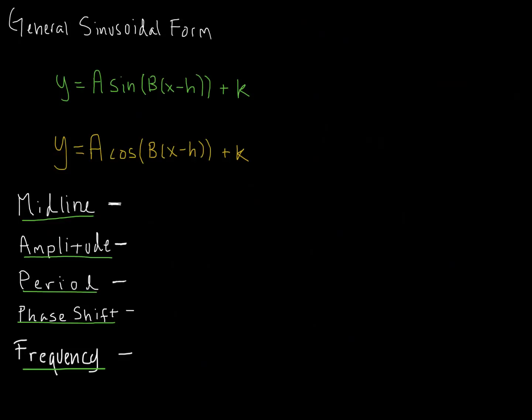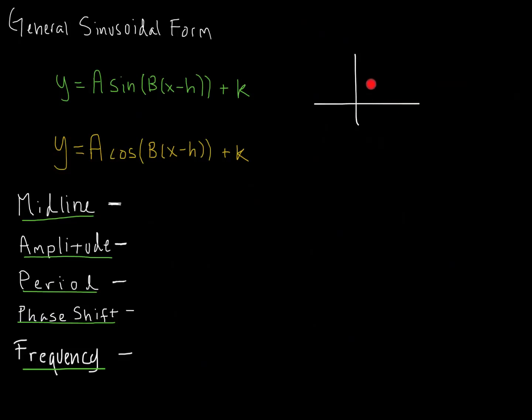All right, let's start with the midline. What you'll notice is that when you translate your function up or down, it changes where the midline is, right? So if I had sine of x plus 2, all of a sudden my midline changes. If I have an xy graph here, and I have sine of x, the midline is y equals 0.